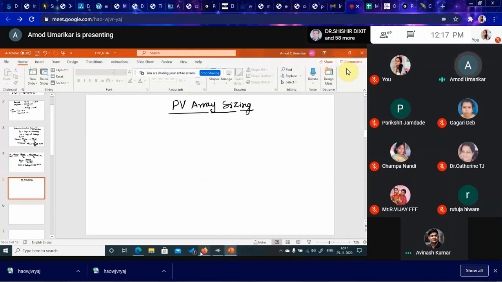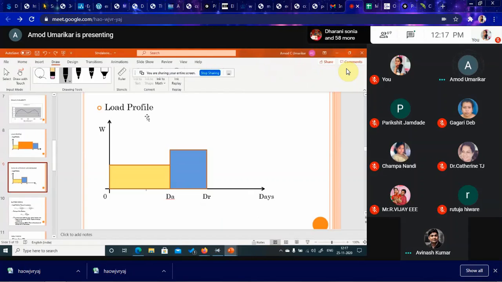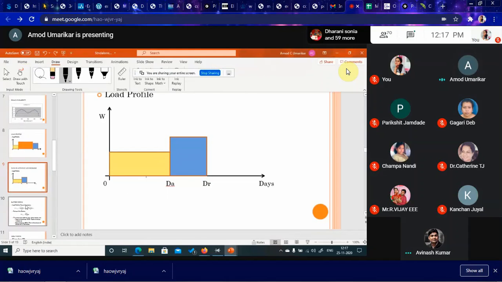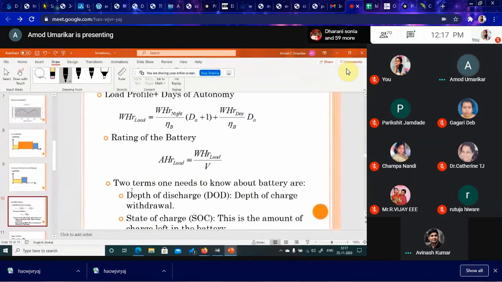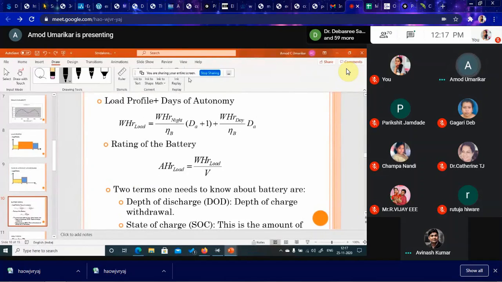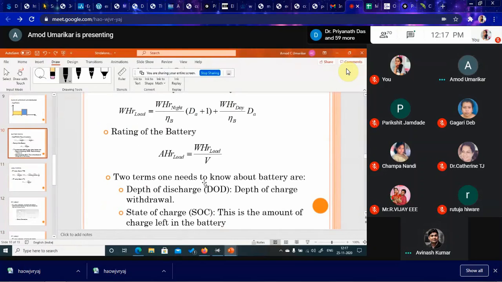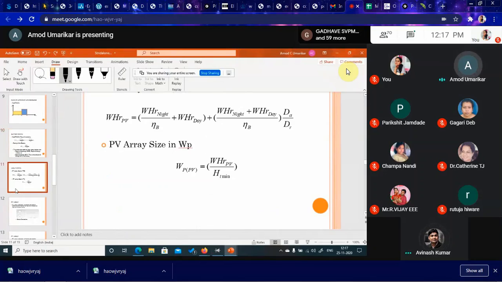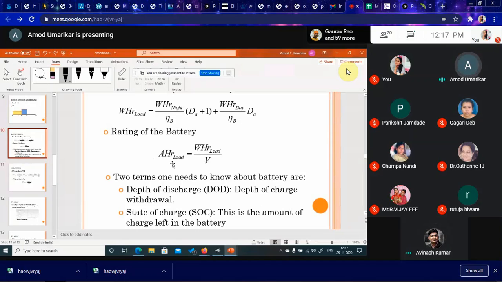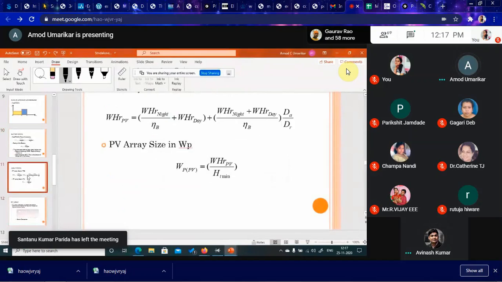So load profile plus day of autonomy, and two terms we need to know: depth of discharge and rate of charge. So we have to consider depth of discharge and take this into account.